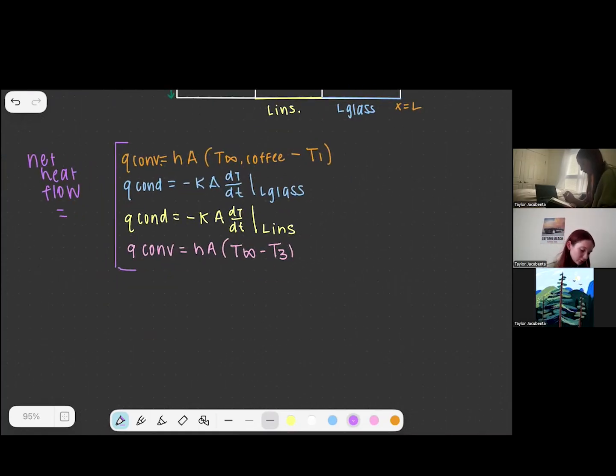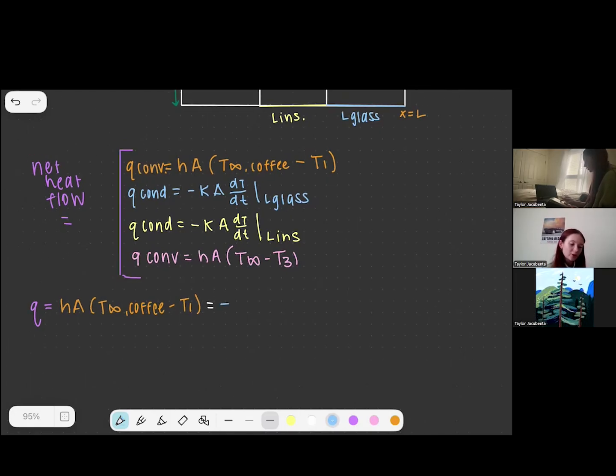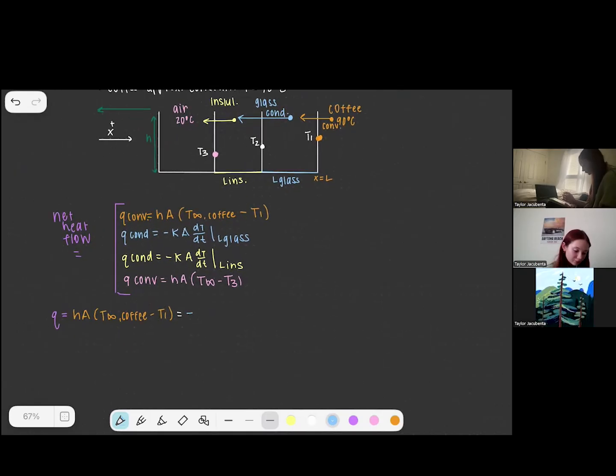We're going to have Q is equal to the first Q convection, which is the height times the area, the constant temperature of the coffee, minus T1, which is equal to the second, which is going at the surface of the glass. So we're going to have the negative coefficient times area.